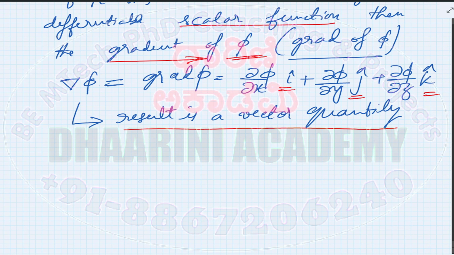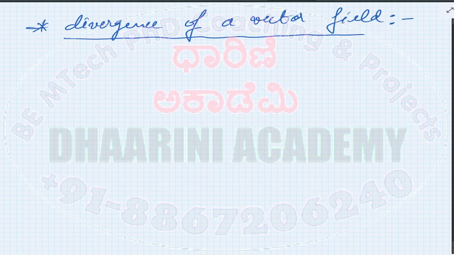This is called divergence of a vector field. Right, now you see that it says that you are using a vector field and applying a particular function called divergence to get some answer.